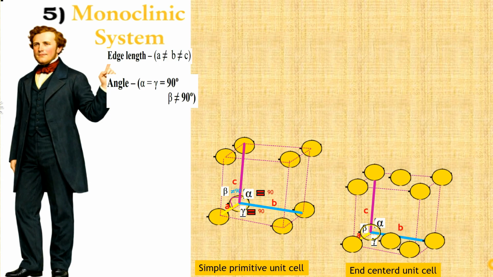Below animation is end-centered monoclinic unit cell. Here also a, b, c are not equal to each other. And angles alpha and gamma equal to 90. And beta not equal to 90.